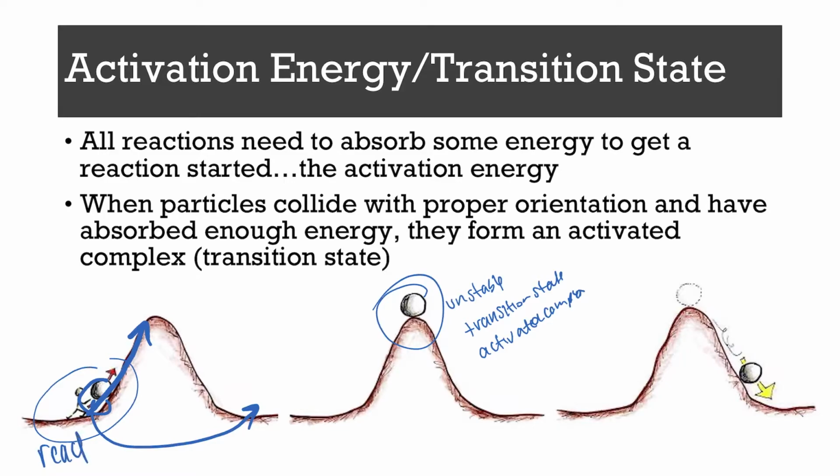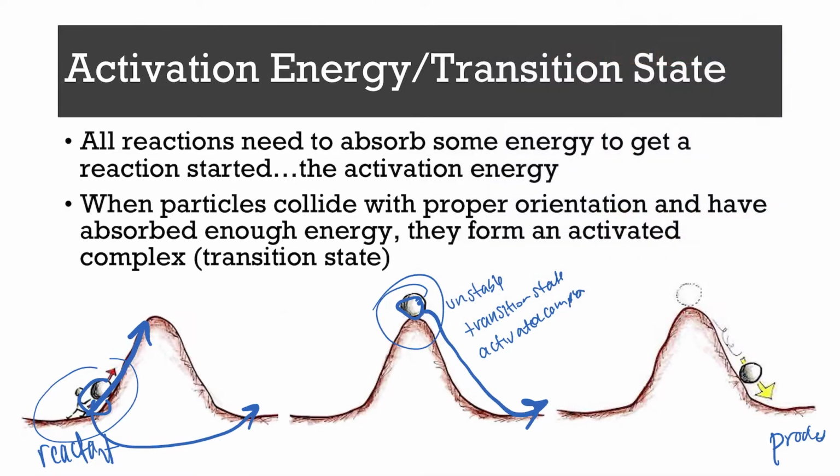Here was our reactant, here is our product, and that middle section is the unstable transition state, the activated complex, that halfway spot. Once the rock gets up there and makes it that far, it goes down, and the rest of the reaction is able to happen.